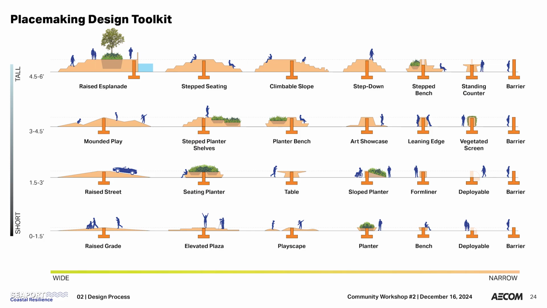The toolkit is somewhat organized by height. I don't know if you remember that slide where Elizabeth mentioned the topographies. There are places in the neighborhood that are very, very low that would require a level of intervention that goes up to 6 feet in elevation. The lower the existing terrain, the higher the intervention needs to be. And also the width, the available width to actually play with.